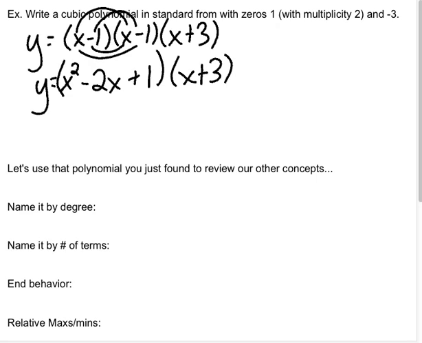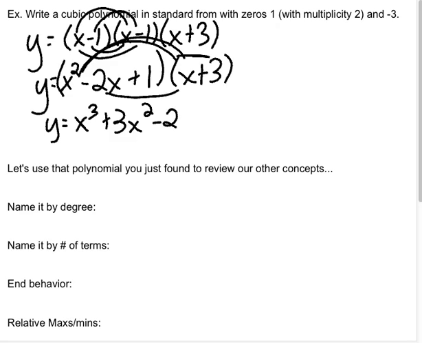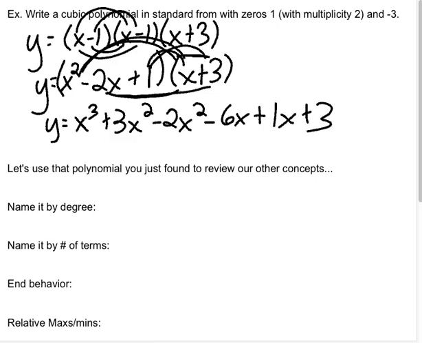Let me show you what that looks like. x cubed plus 3x squared minus 2x squared minus 6x plus 1x plus 3. So just take everything from the first one and multiply it to both in the second one. And that's what you can use basically instead of having to FOIL per se.